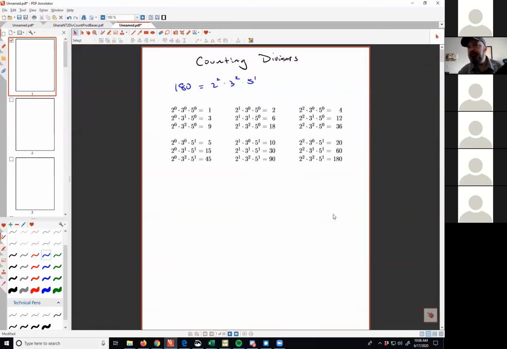Yeah, so here I've laid out all the different divisors of 180, and I want this to be as intuitively clear as possible. In this first column, I've got only 2 to the 0th power. All of these divisors have no powers of 2. In the second column, they all have 1 power of 2, and in the third column, they all have 2 powers of 2.